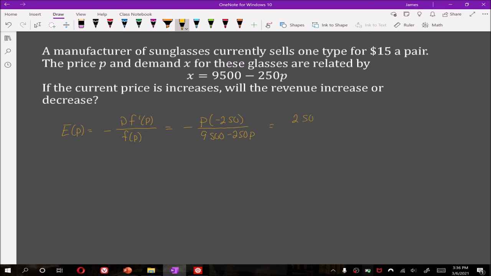This is 250p over 9,500 minus 250p. So evaluate this at a price of 15. Plugging it in, we'll get 15 over 23, which is less than 1. So demand is inelastic.